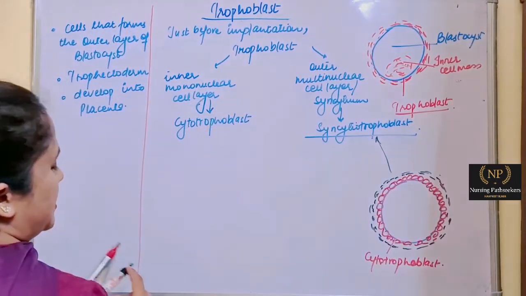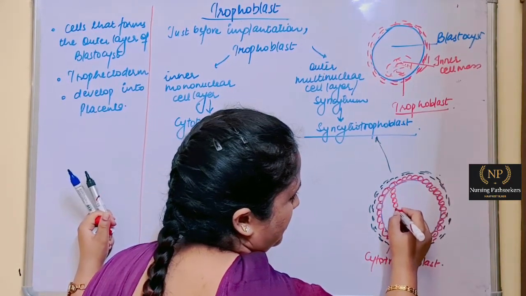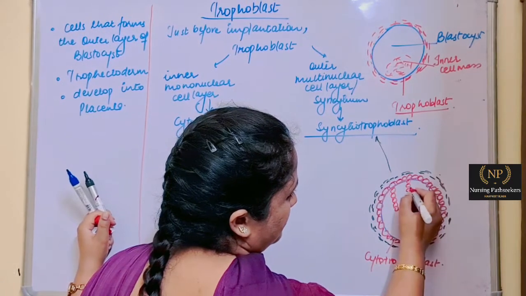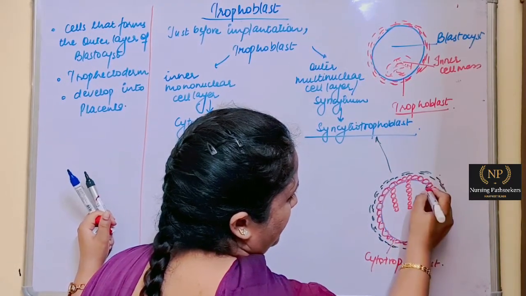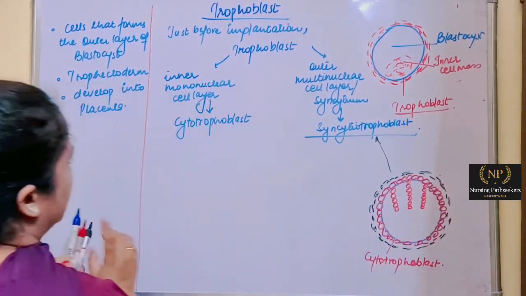Now this cytotrophoblast will further differentiate into three different areas.